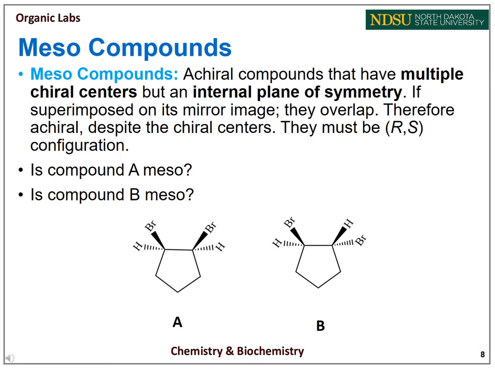How about compound B? So compound A is meso, which can be initially observed due to the plane of symmetry and subsequently through assigning R and S configuration. Compound B, on the other hand, does not have an internal plane of symmetry and has an RR configuration and is therefore not meso.